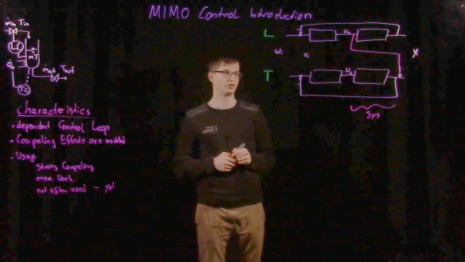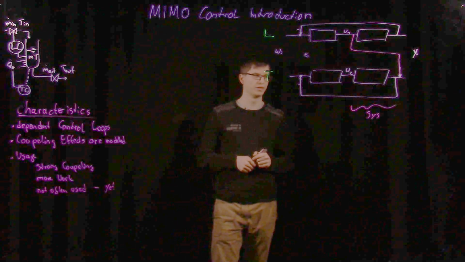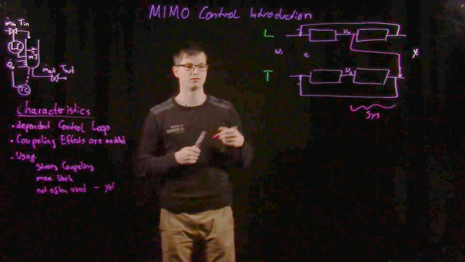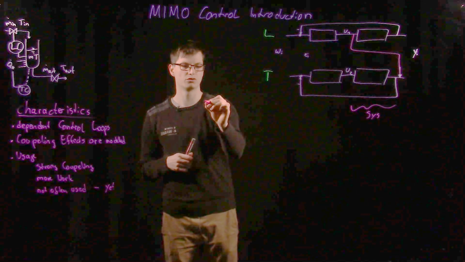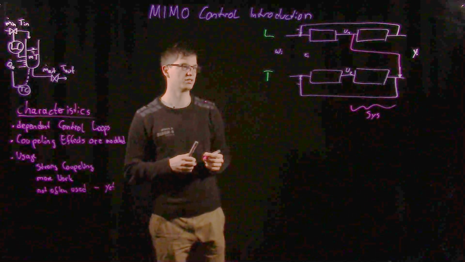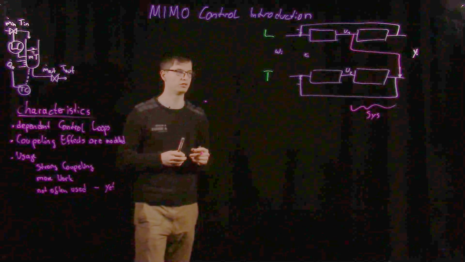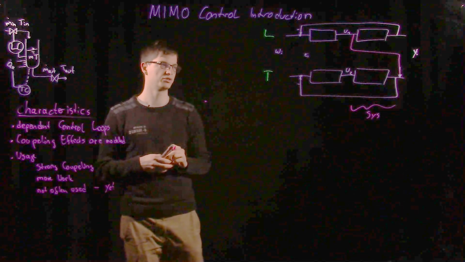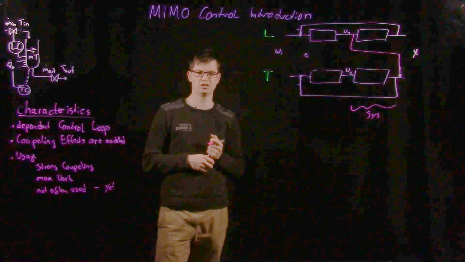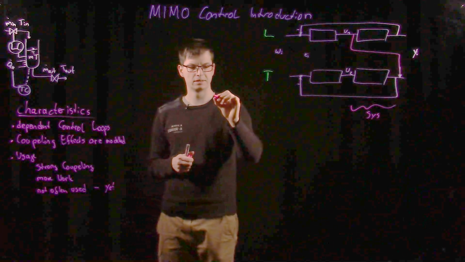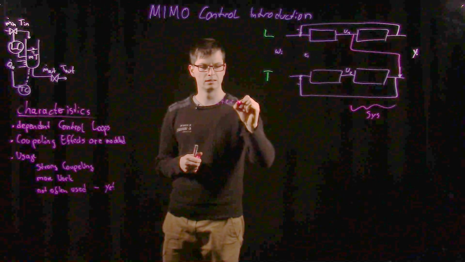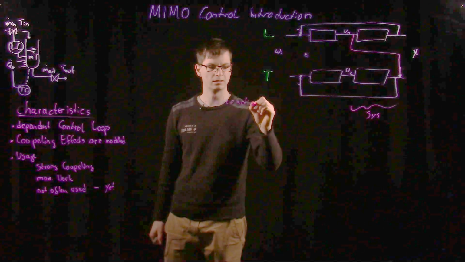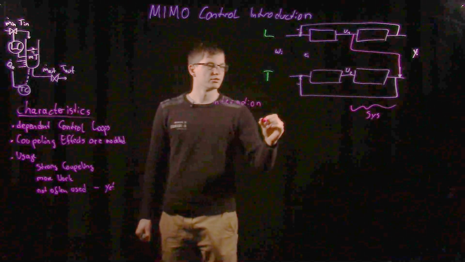Okay, but that's not all. We want to list something more that describes MIMO control. Another point is that the interaction between the variables influences the control system stability and performance.